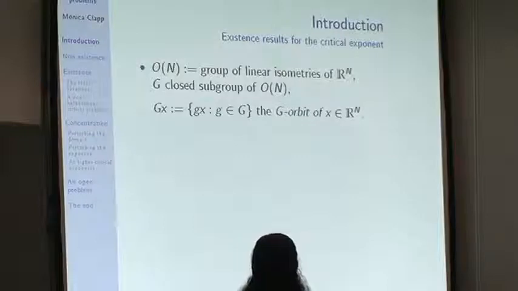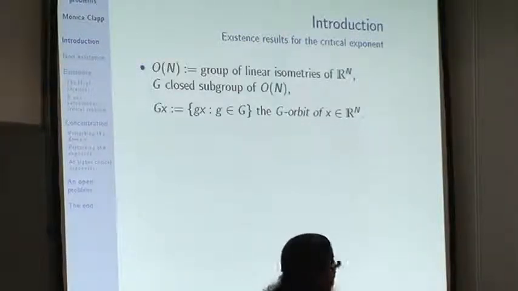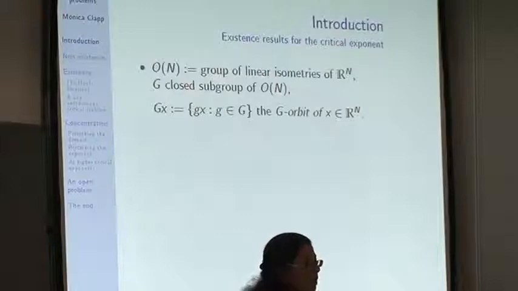Let me call O(n) the group of all linear isometries of R^n. Now let us take a closed subgroup G of this group. Take a point x in R^n, and look at the set of gx where g belongs to G. This is called the G-orbit of the point x.